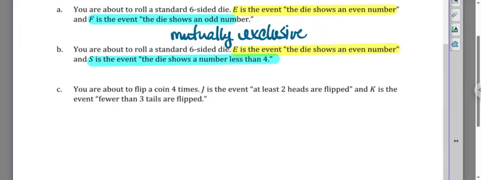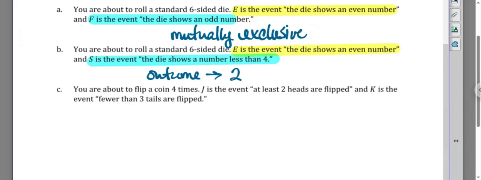If you roll a 2. Yes. So an outcome for this would be if you rolled a 2. So it is not mutually exclusive.